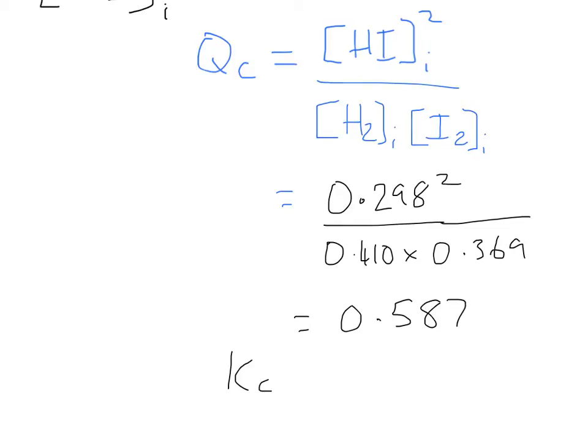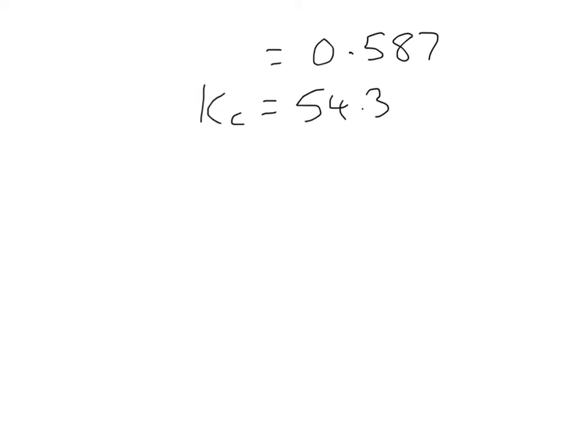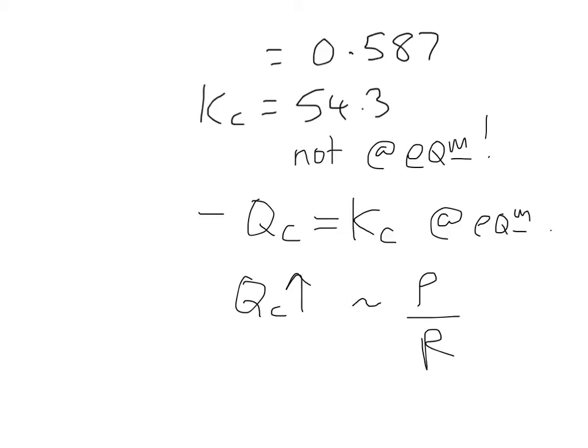Now you compare that to K. K was 54.3, so clearly we're not at equilibrium. And what else can we say? To be at equilibrium, Qc has to go up, because Qc and Kc are the same at equilibrium. So how does Qc get to go up? Well, Q, like K, is always going to be something about products over something about reactants.